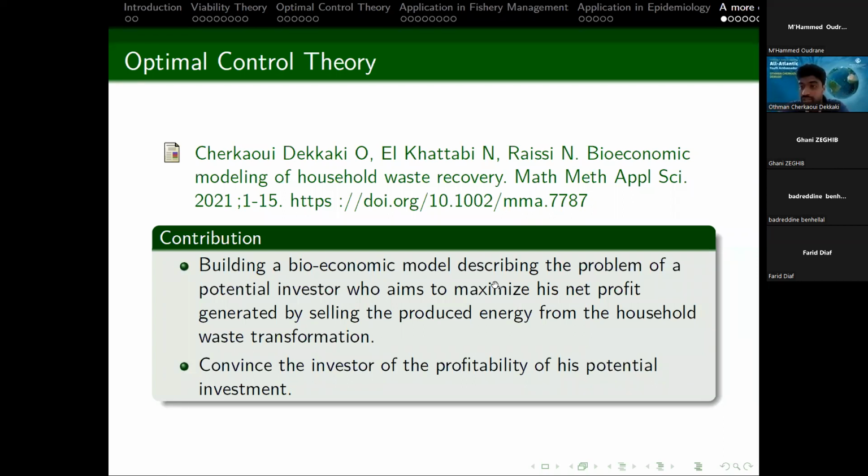We need another source of energy. And the second problem we face is trying to convince this investor about the profitability of this activity.